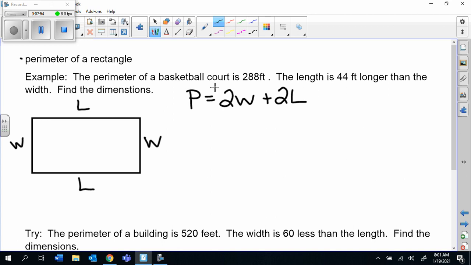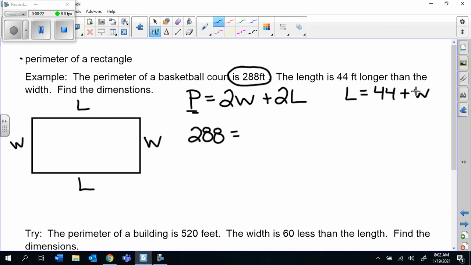All right, the perimeter of the basketball court is 288. They're telling us what this number is right here, 288 feet. So I'm going to plug that 288 in right here. The length is 44 feet longer than the width.